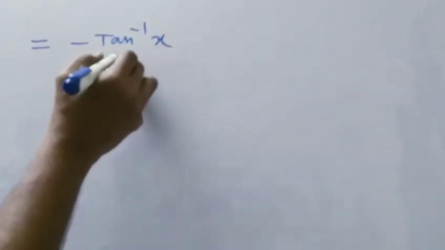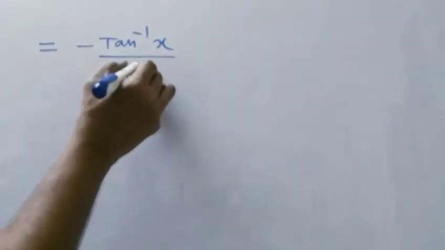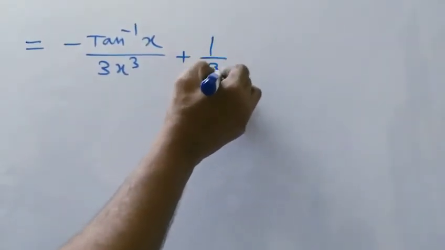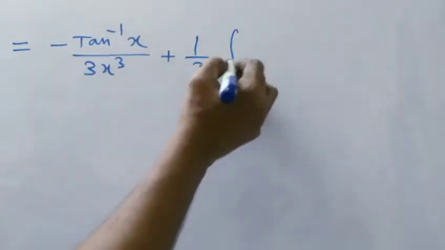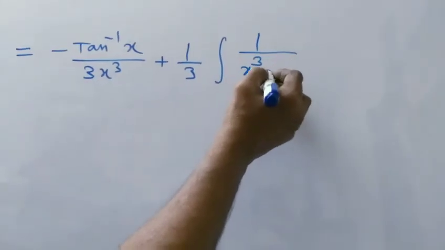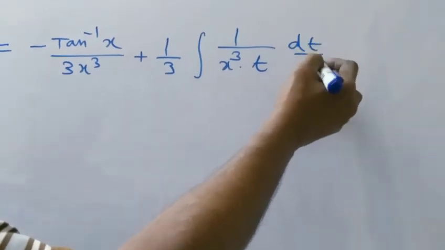Now on substituting, it is equal to minus tan inverse x by 3x cube plus 1 by 3 integral of 1 by x cube into t, dt by 2x.